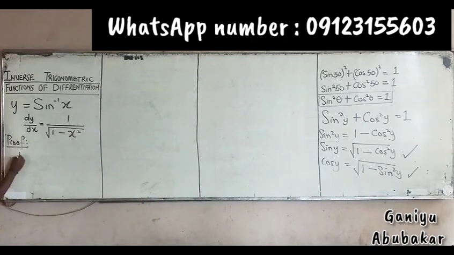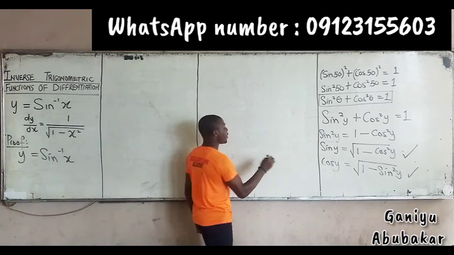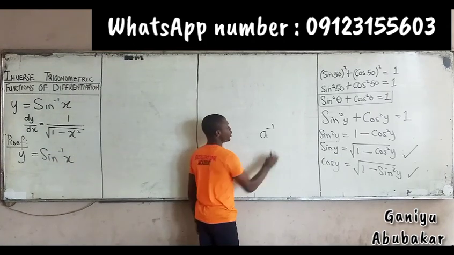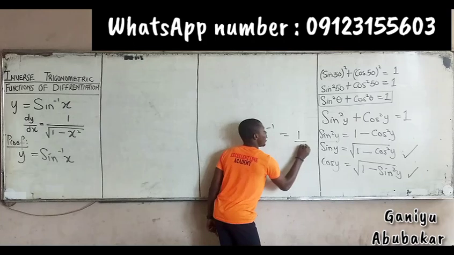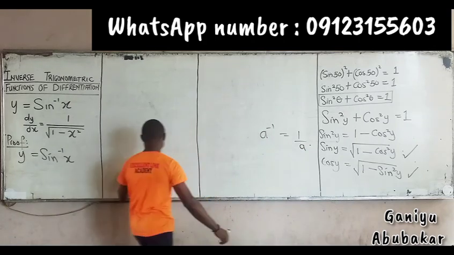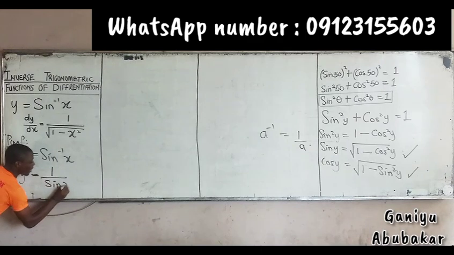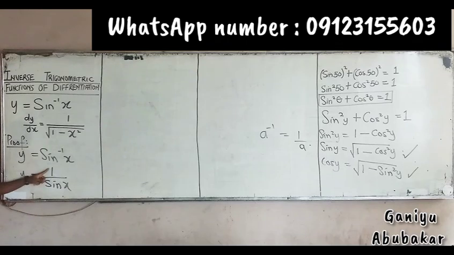We just said y is equal to sine inverse of x. Of course, if I have a to the power of minus 1, it is equal to 1 over a, from the concept of indices. Apply this concept here. I'll have that y is equal to 1 over sine x.